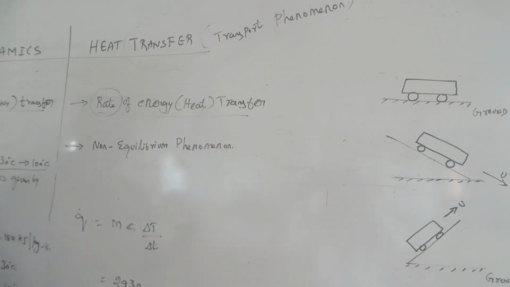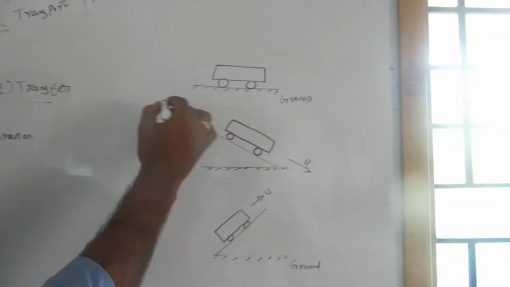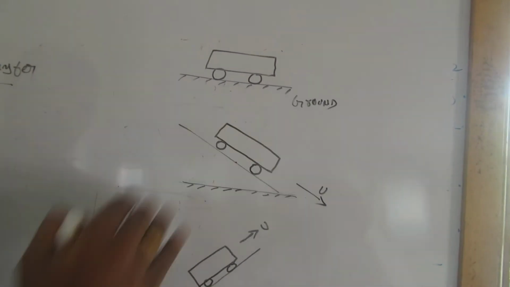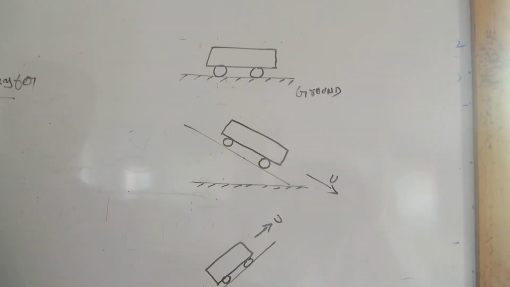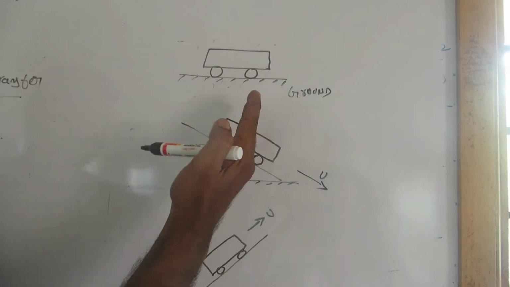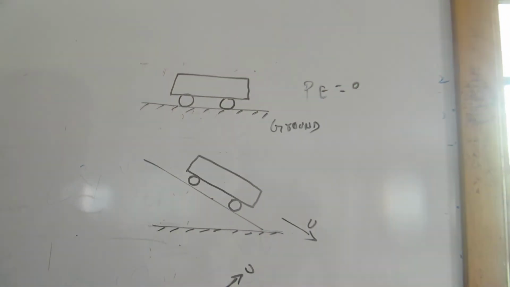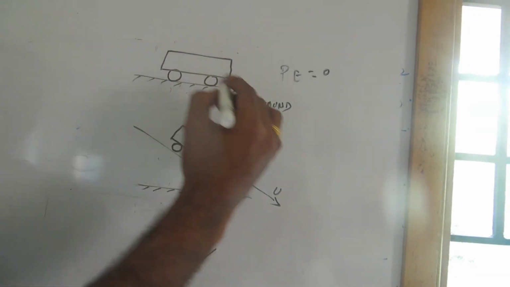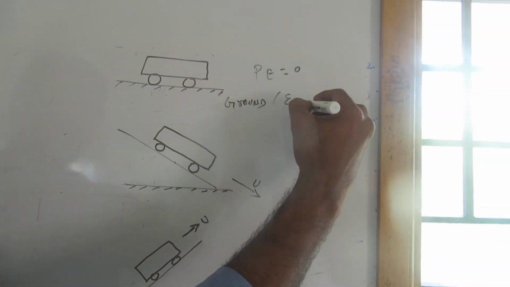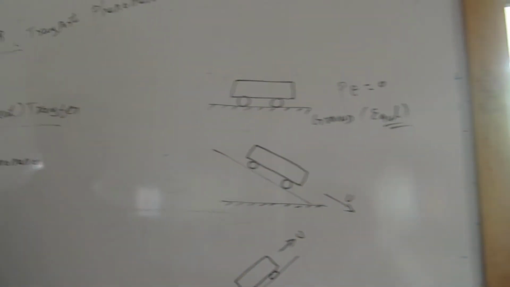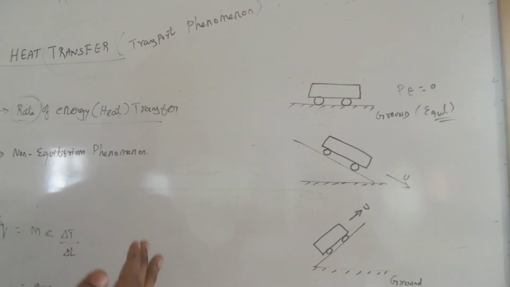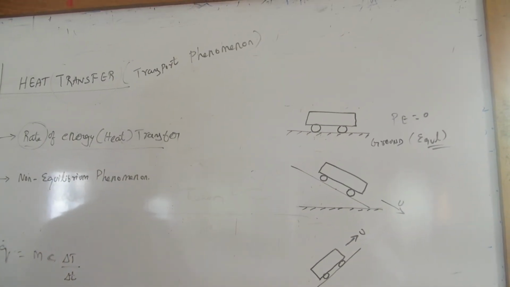Let us take, for instance, an automobile standing on flat ground. If it is standing on flat ground, there is no potential energy difference or height difference, so its potential energy is zero. The automobile is going to be at rest. It is in equilibrium forever, until and unless there is a force acting on that particular system.